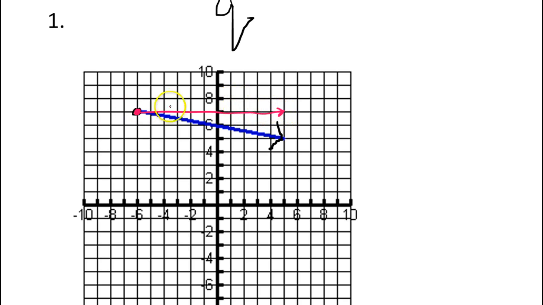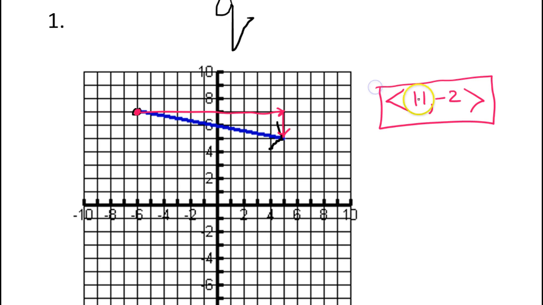So I moved 11 units to the right, so that's going to be positive 11. And then I would have to move 2 units down, so that's going to be negative 2. So this would be the component form of this vector. It's the horizontal change and then the vertical change.